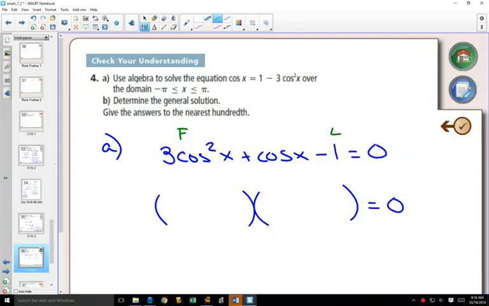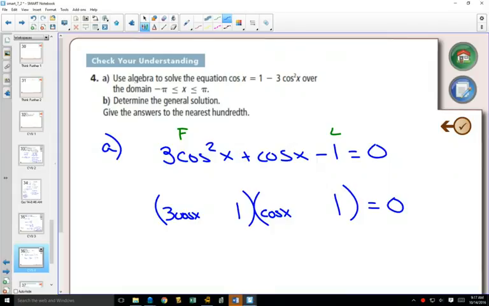The only possibility for our first terms is 3 cos x and cos x. And since the last number is a 1, the only possibility, if it's factorable, is 1 and 1. So now we would just have to check positive and negative signs in between to see if it works.